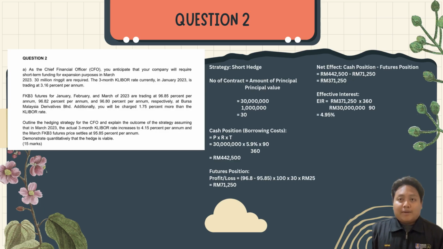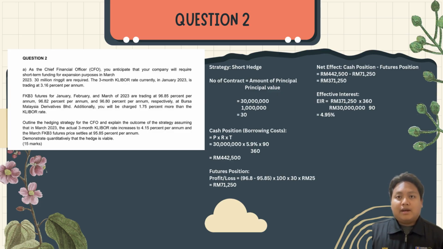To find our net position, we offset the high interest cost with our futures profit, which is 442,500 ringgit minus 71,250 ringgit, so we get 371,250 ringgit.